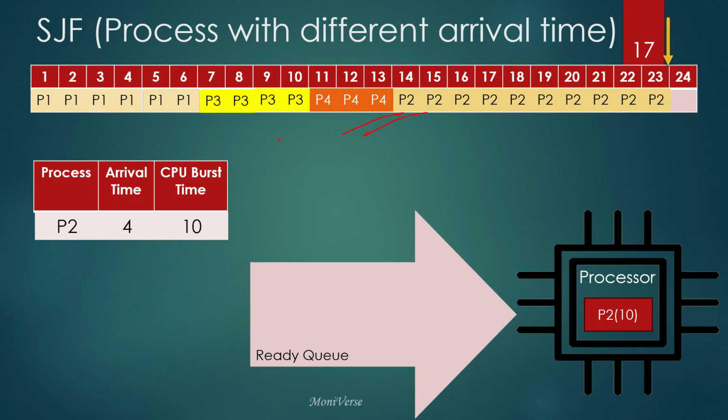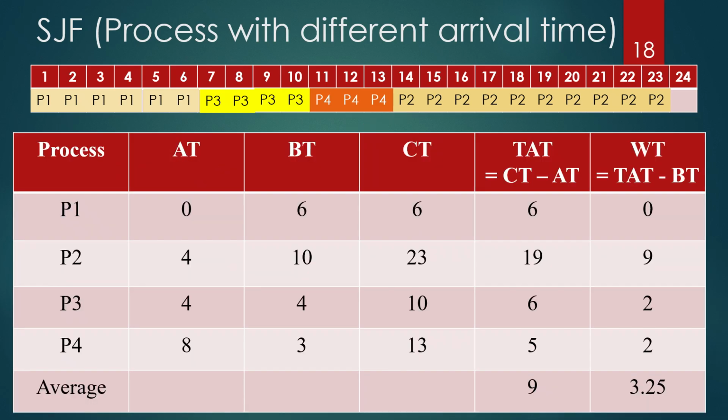So now we are going to calculate. It is very necessary that we are very careful in drawing the Gantt chart. Once the Gantt chart is completely ready with the exact notations of when each process has been completed, we can easily calculate the turnaround time, completion time, and the waiting time.